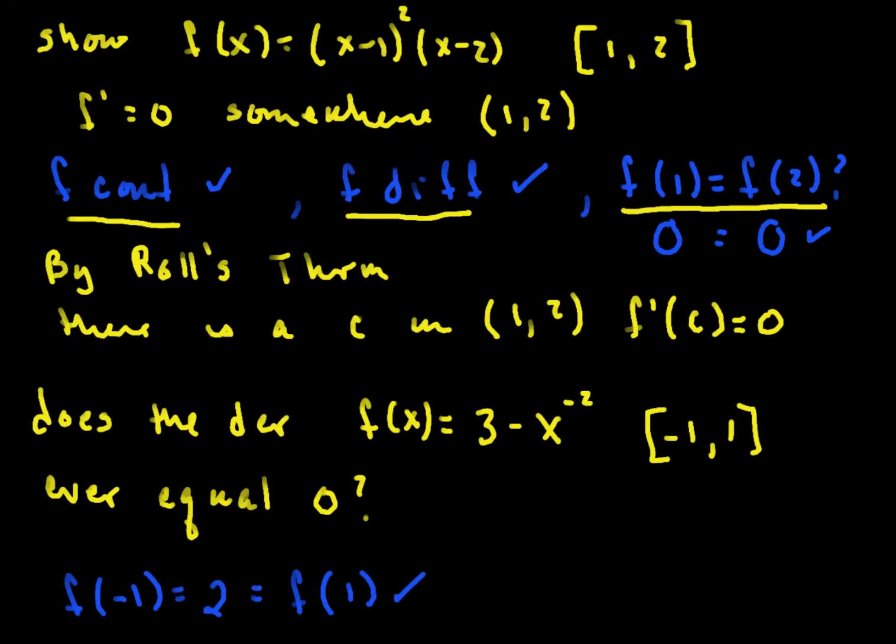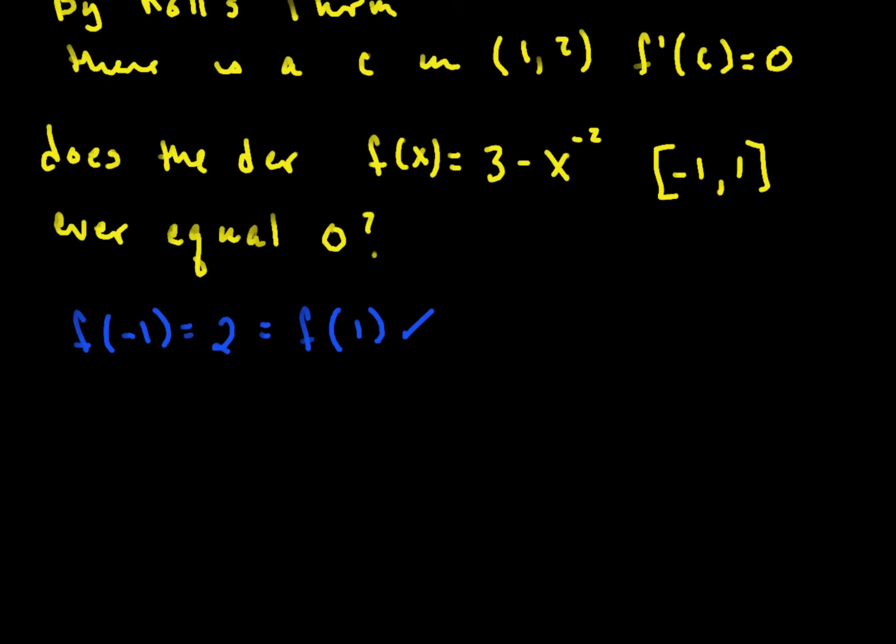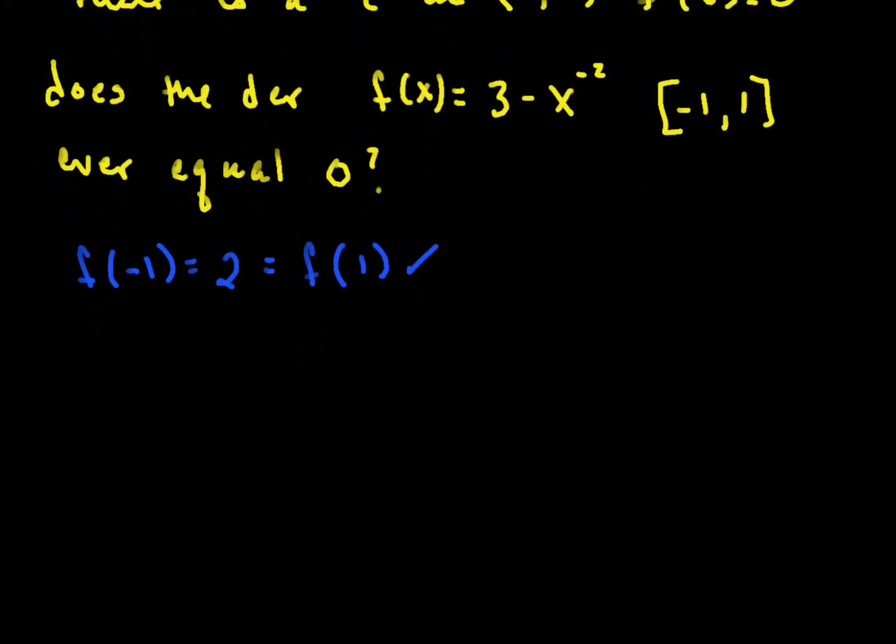In fact, this function is not continuous, nor is it differentiable, because f of 0 does not exist. If I put 0 in here, I get 1 over 0. That's not a value. So the function doesn't even exist at 0, so it's not continuous on the closed interval.